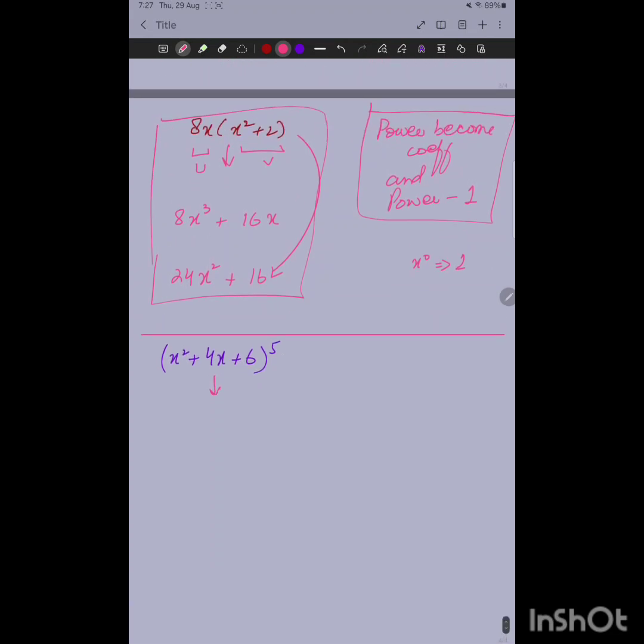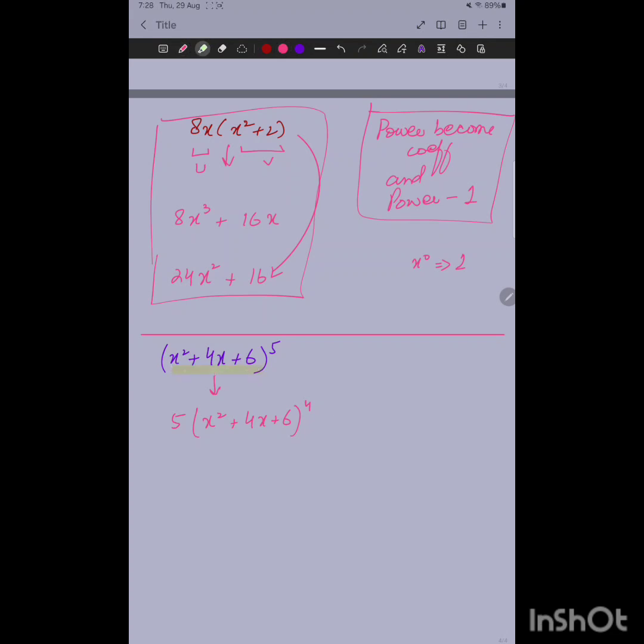Okay, so the power is 5. When 5 becomes the coefficient, it will be x square plus 4x plus 6. 5 minus 1 is 4. We can write 4 directly. Now we will take the derivative of what is under the power. The part under the power is this whole thing.